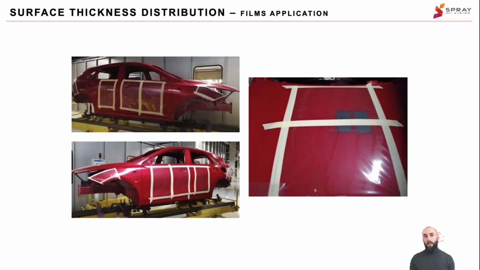Here, this is again an example of the actual part and the actual workflow, how it is done. You can see a car body, which is prepared and masked with the foil before the painting procedure. In this case, the main topic was to see the paint distribution on the car body.